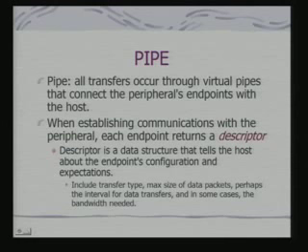Perhaps also the interval for data transfers, that means the rate at which the data transfer takes place, as well as the bandwidth needed. Why does all this information have to be provided by the endpoint? Because it is not a pre-configured bus. When a device gets connected, the connection is established, and the host, by looking at the descriptor, would know the capability of the device and the connection the device is looking for. That enables the host to manage the device.